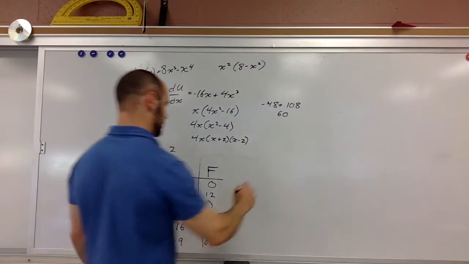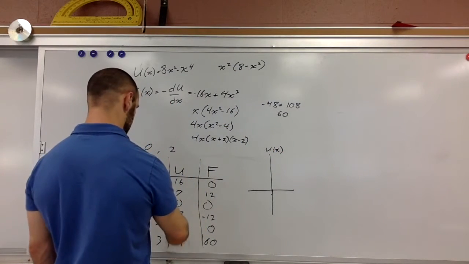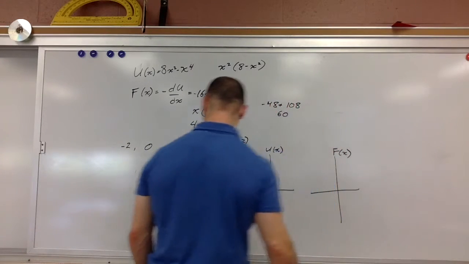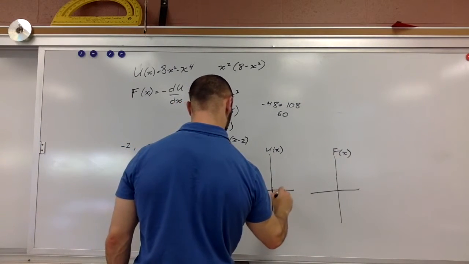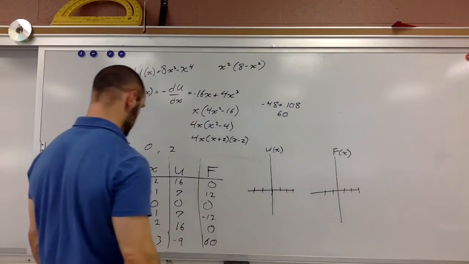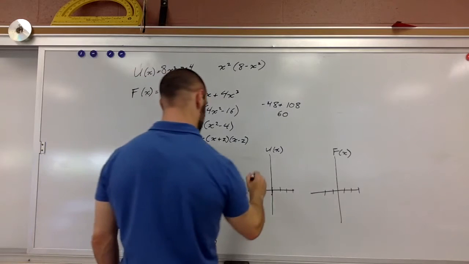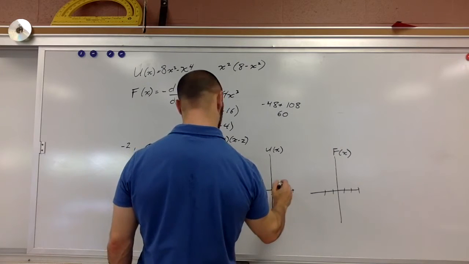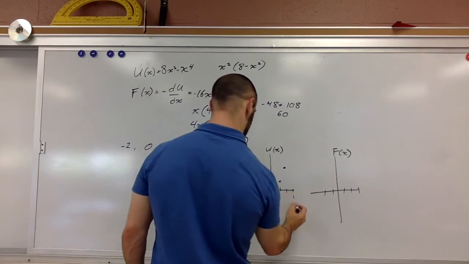So what do these graphs look like? Here's potential energy. At negative 2 it's 16, then at negative 1 it's 7, then 0, then 7, then 16 again, and then it's down at negative 9.